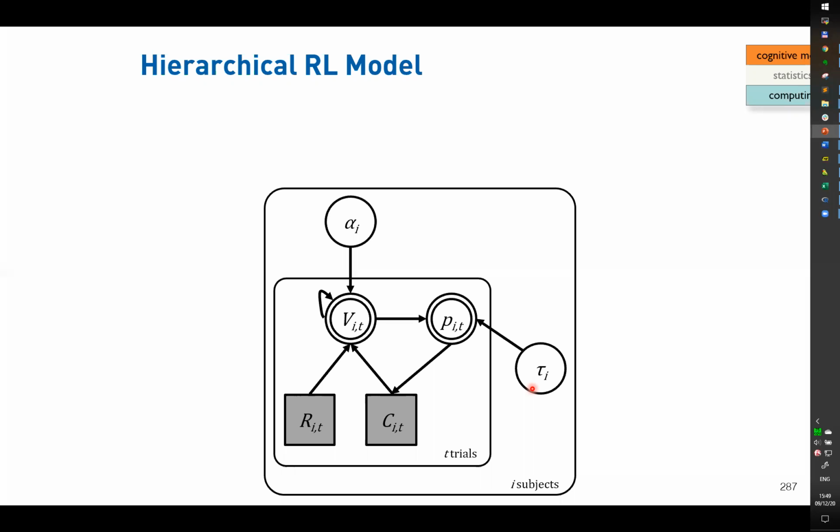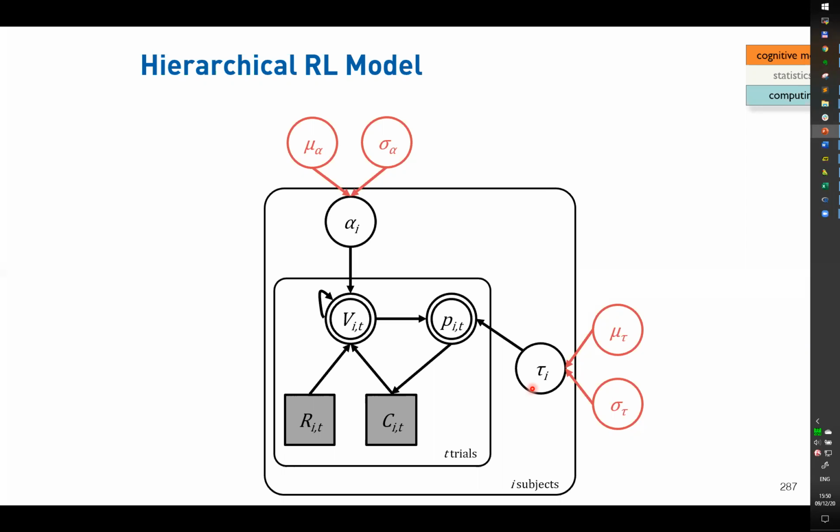All right, so if you understand that part, then what we need is only two extra parameters, mu alpha, sigma alpha for the learning rates, and two other extra parameters, mu tau and sigma tau for the tau parameter. Okay, does that make sense?